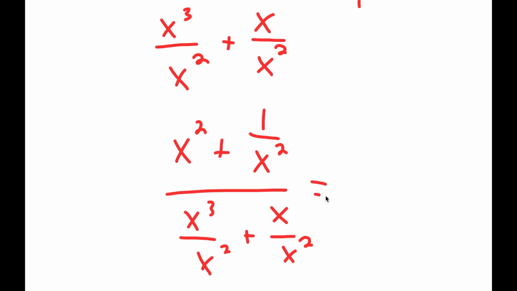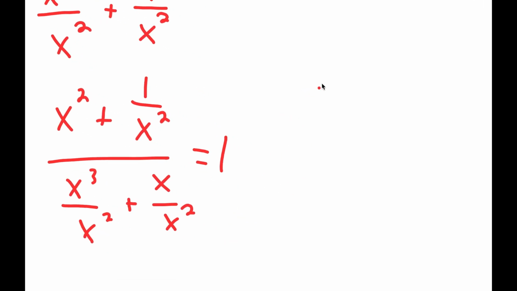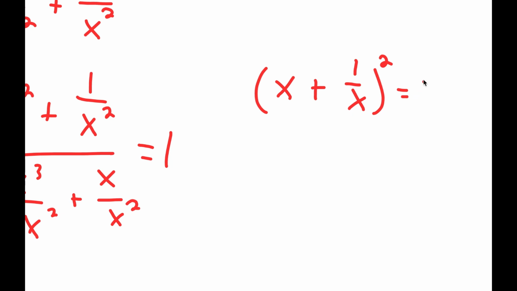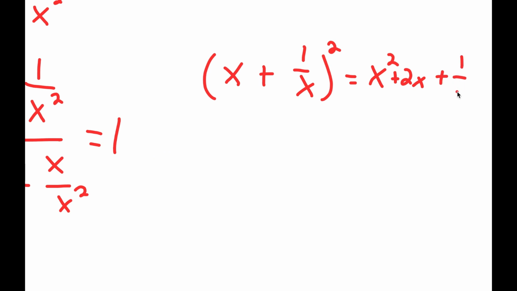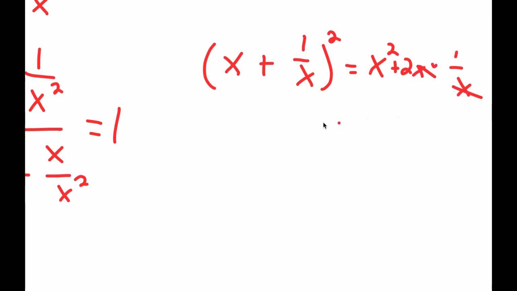Now, we have x squared plus 1 over x squared over here. So if I have something, let's say we have x plus 1 over x whole squared, right? This is equal to x squared plus 2x times 1 over x, plus 1 over x squared, and these two x's cancel out.